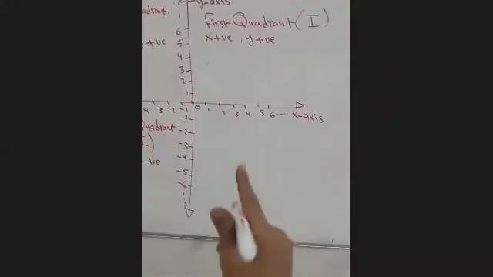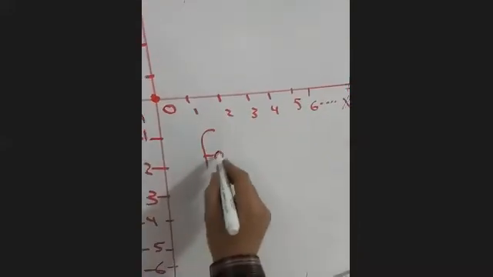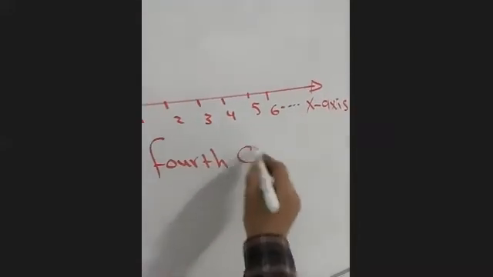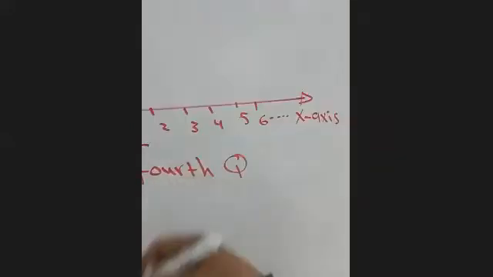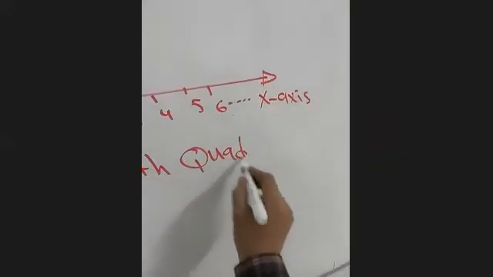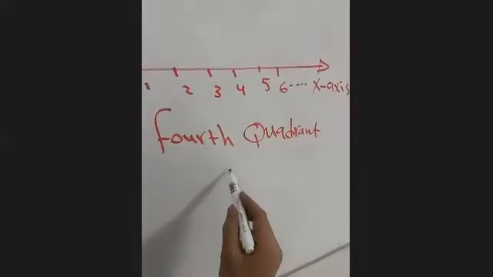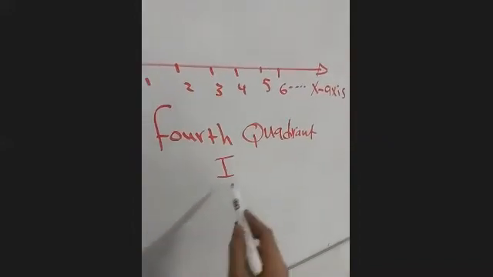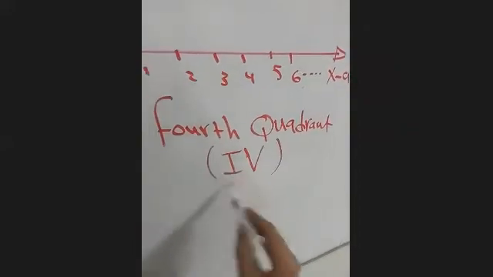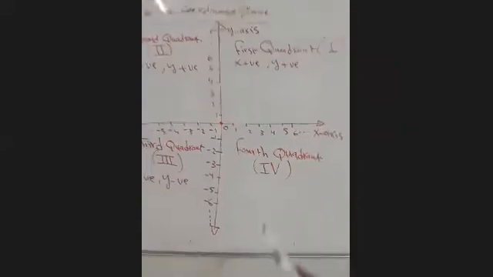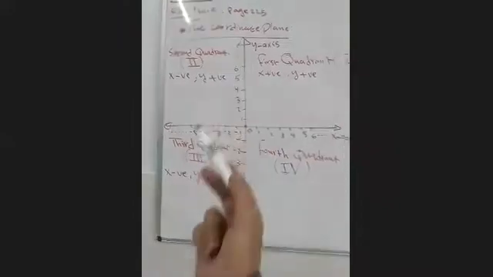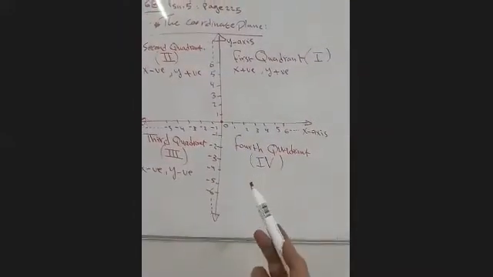The fourth here, we call it fourth quadrant. And the fourth quadrant has its shortcut IV, capital IV. Now, one I, double I, triple I, IV are the Roman numerals.